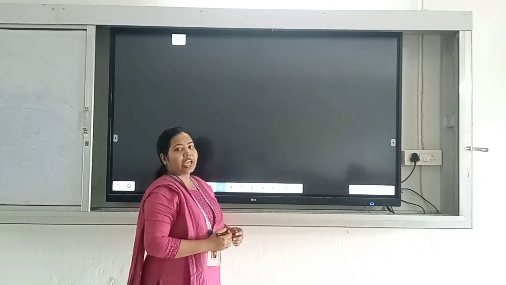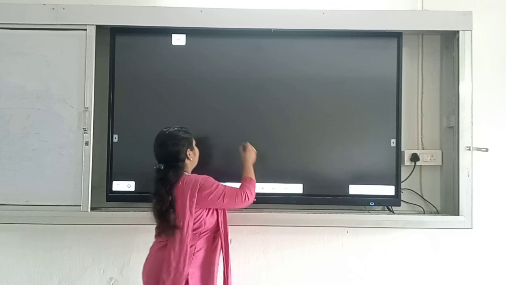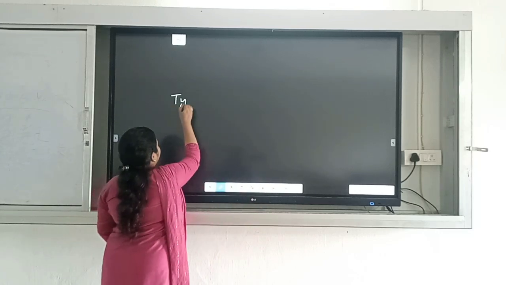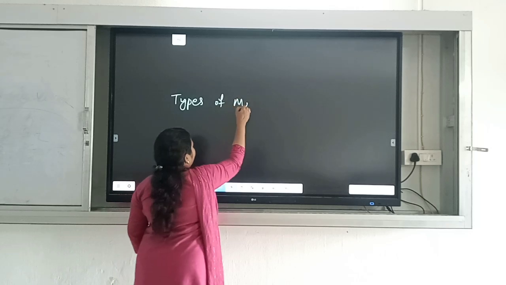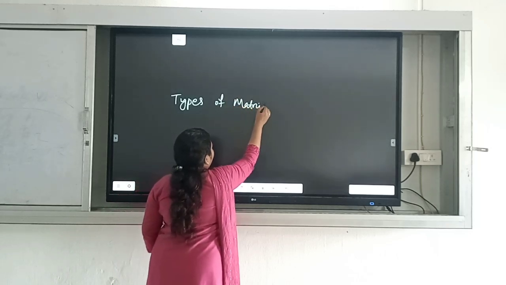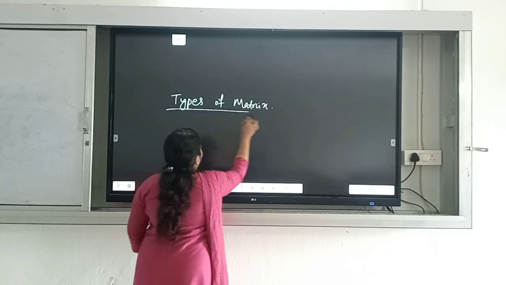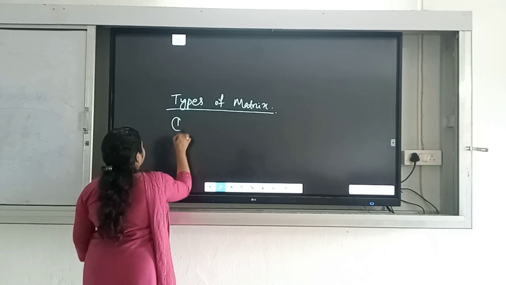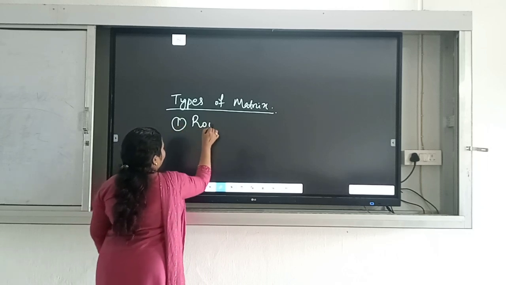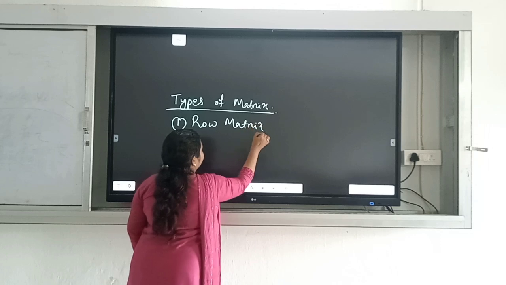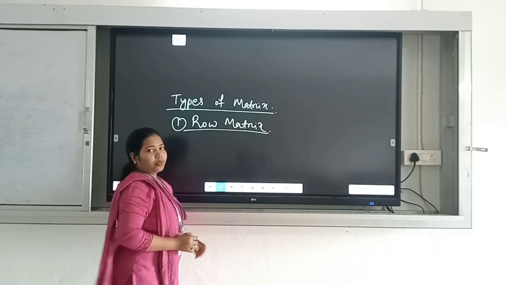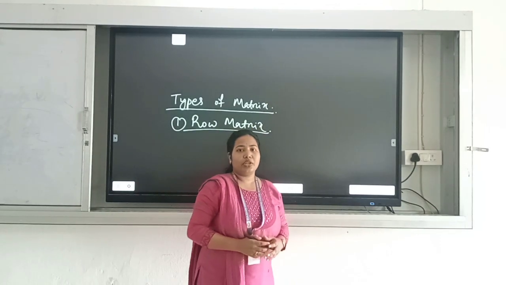Then come to the types of matrix. Row matrix. What is a row matrix?